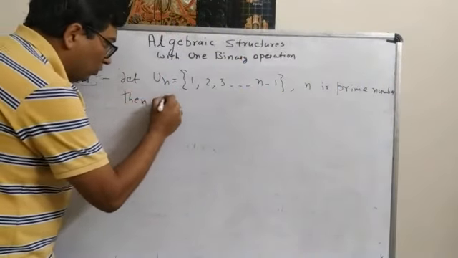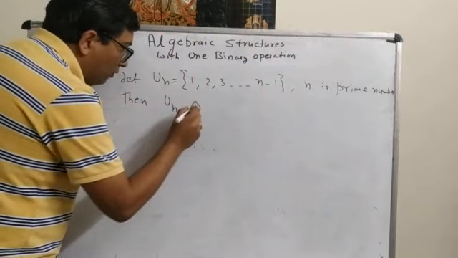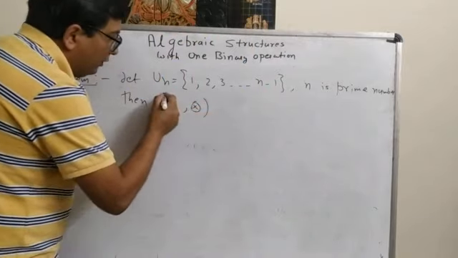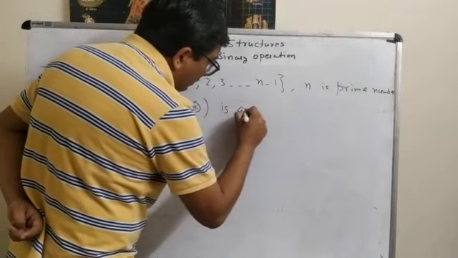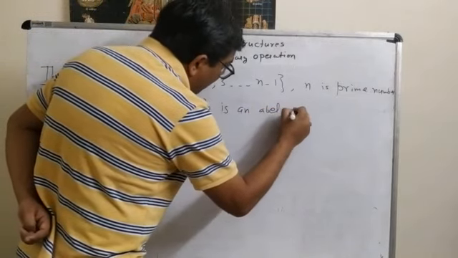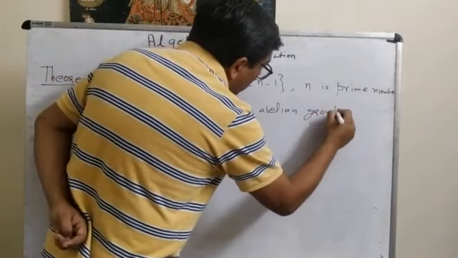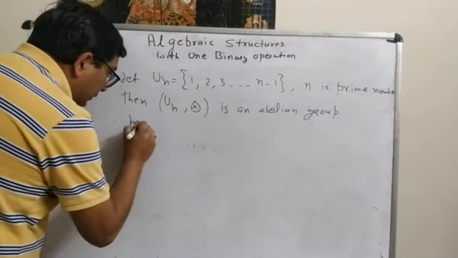Then Un with the multiplication sign is an abelian group.